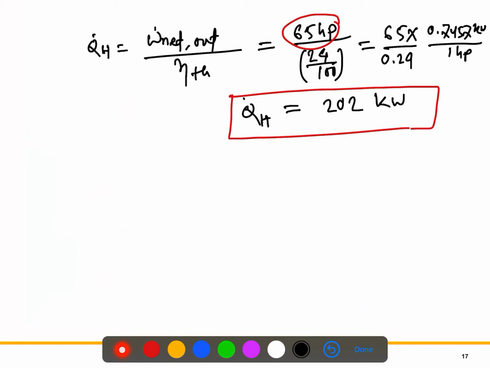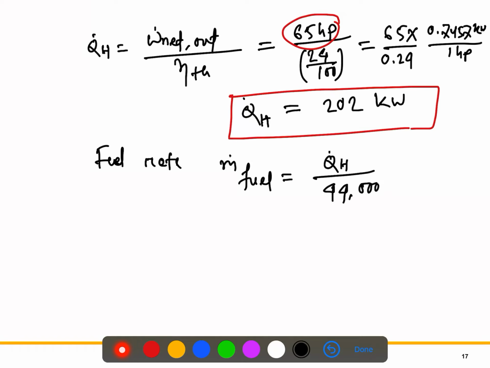So the fuel consumption rate m dot fuel is Q H over the heating value needed to burn 1 kg of fuel, so it is 44,000 kilojoule per kg.